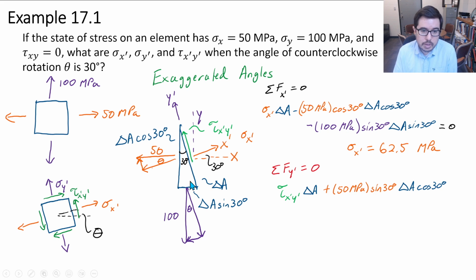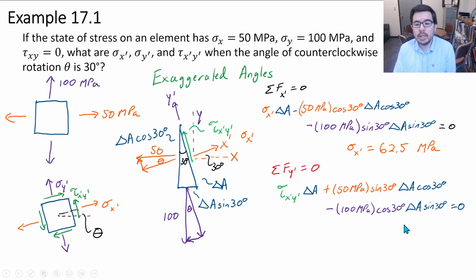It's definitely going the opposite direction. It's pretty clear. So we can use the cosine of theta here times 100 megapascals times the delta A sine 30 degrees. Okay, and those are the two components again. Set this equal to 0, and voila, we get 21.65 megapascals.